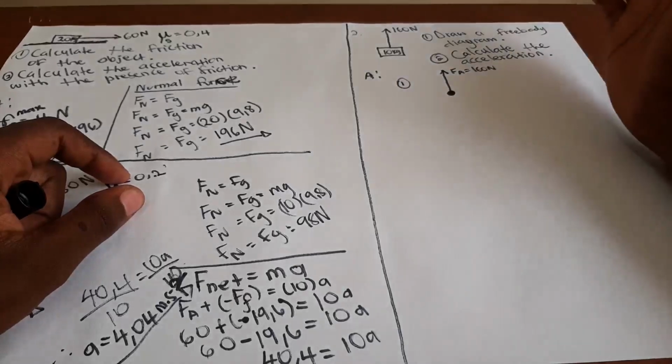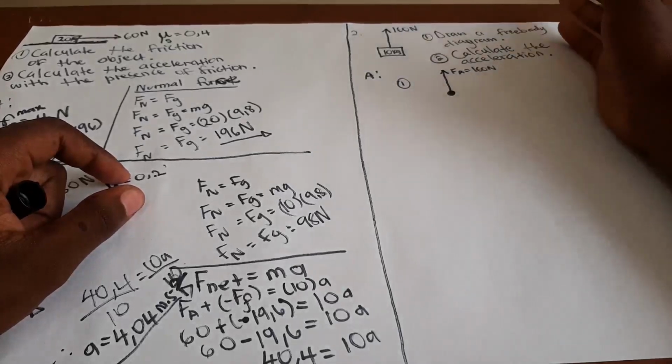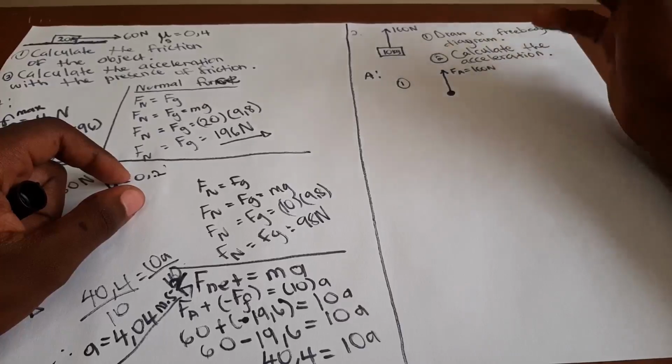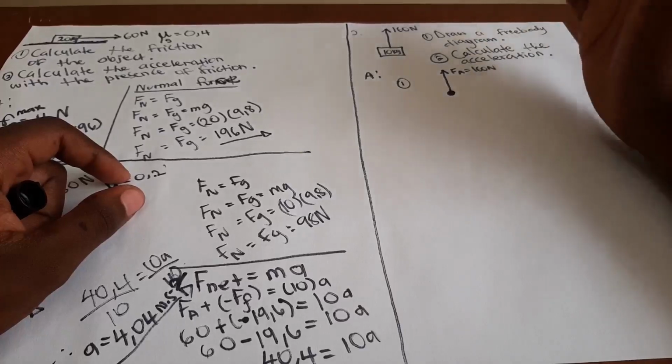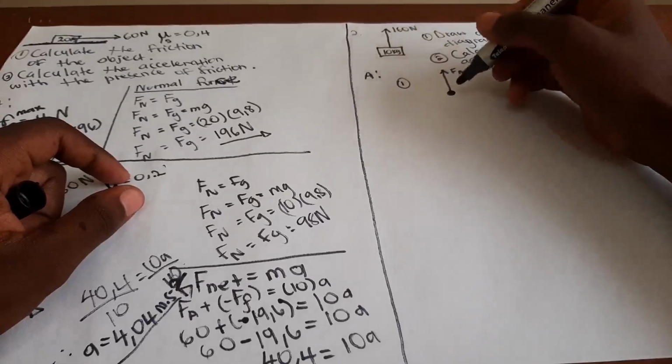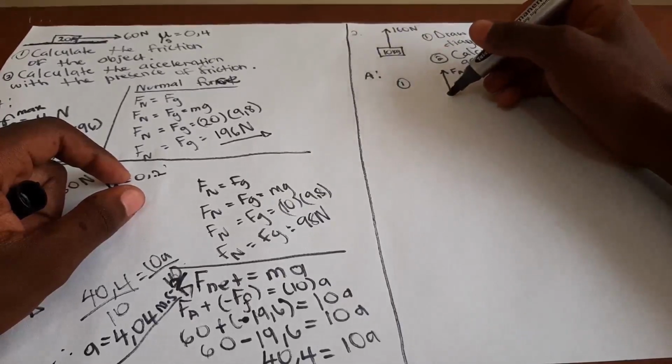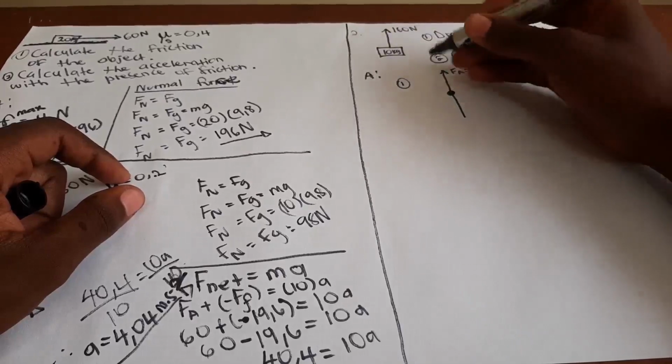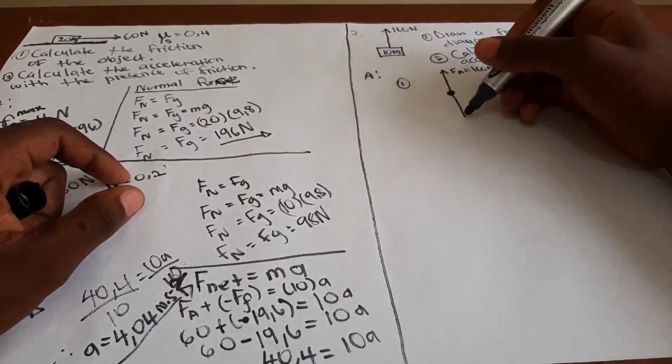If you are pulling something upwards, the gravitational force is opposing, because this thing has weight.